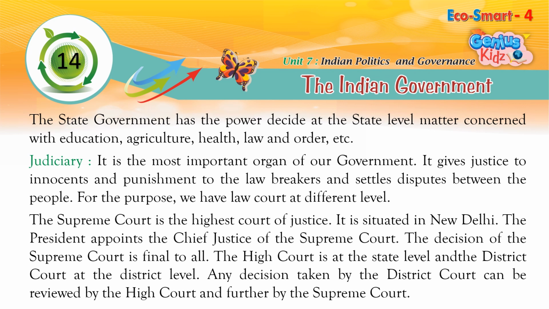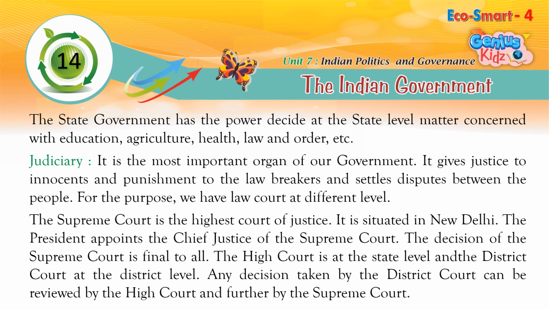Judiciary. It is the most important organ of our government. It gives justice to innocents and punishment to the lawbreakers and settles disputes between the people. For the purpose, we have law courts at different levels. The Supreme Court is the highest court of justice.